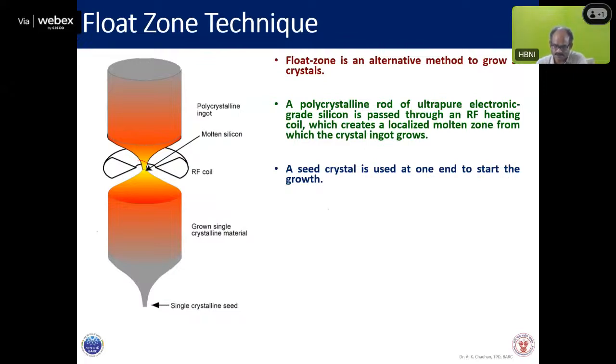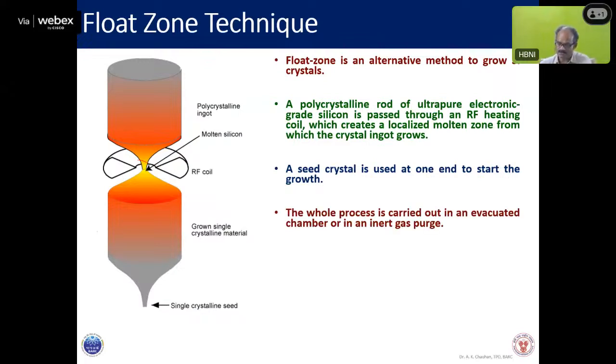If you have used a seed crystal at one end, then the growth will start on that seed, and then slowly the entire rod is passed from one point to this point, and you can see the entire thing has been converted into a crystal.